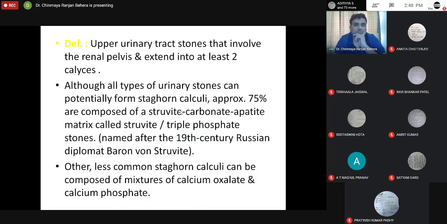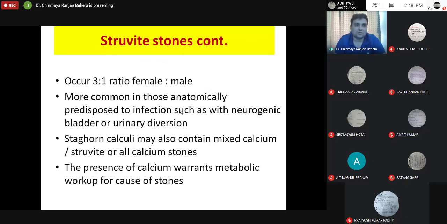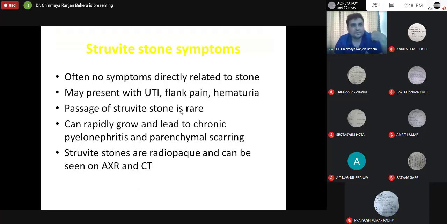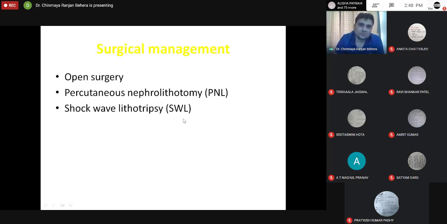I won't go into the staghorn calculus or the struvite stones. In these cases, the treatment is basically surgical, because these are large stones.